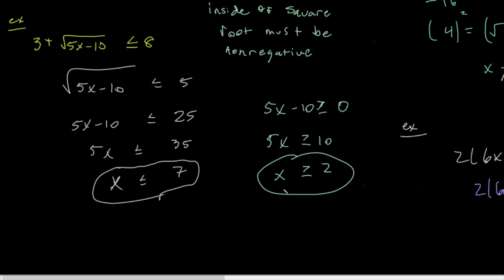Cool. Okay. Why is it equal to 2? Can't x be 2? X can be 2. That's fine. If x is 2, that makes the inside 0, and we'd be square rooting 0, which is fine. We just can't square root a negative number. So we will combine these two inequalities.